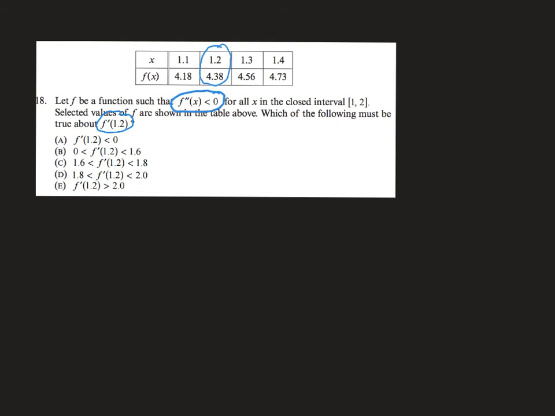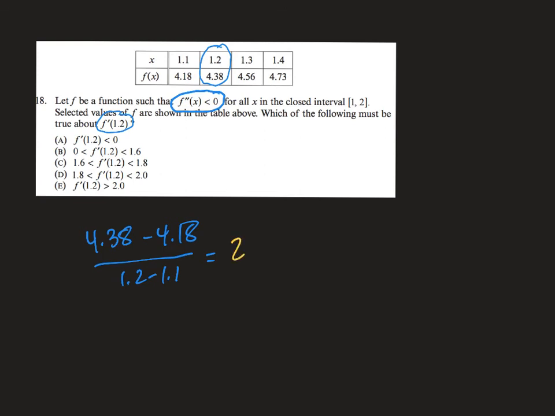and we want to know something about the rate of change. The technique that you use to do this problem is simply to compute the slope to the left of 1.2 and the slope to the right of 1.2 so that we can estimate what's happening there. If I do 4.38 minus 4.18 over 1.2 minus 1.1 and compute that, you just get 2.